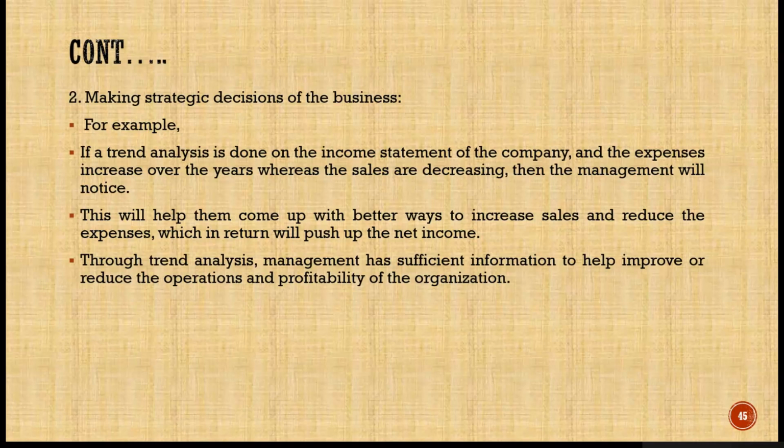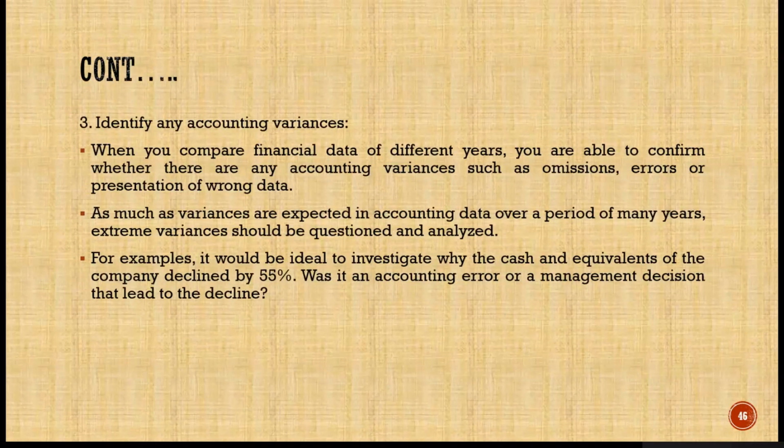Next is it helps to identify any accounting variances. When you compare financial data of different years, you are able to confirm whether there are any accounting variances such as omissions, errors, or presentation of wrong data.